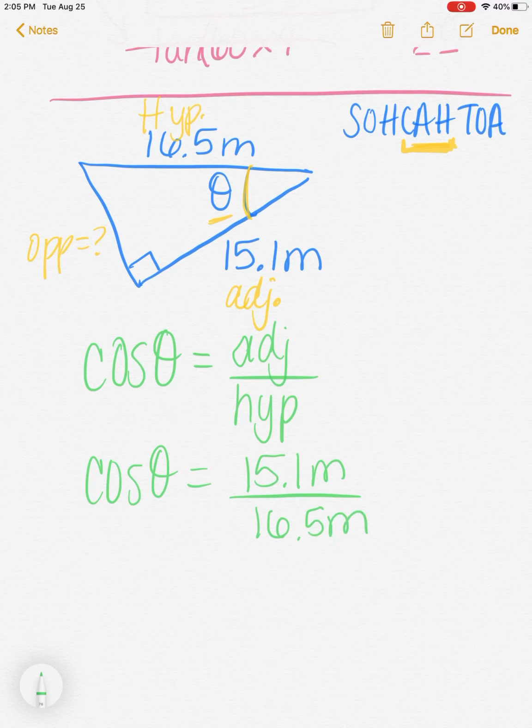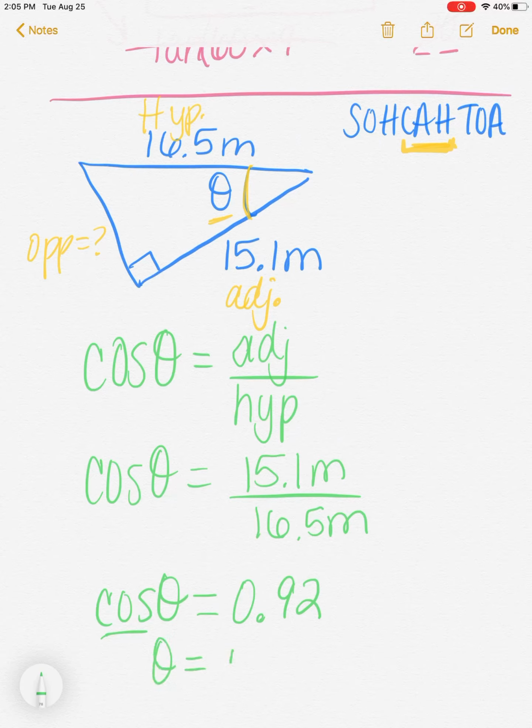All right. So when I plug that in, I get approximately 0.92. So cosine theta is equal to 0.92. How do we undo cosine of theta? You have to do the inverse cosine.